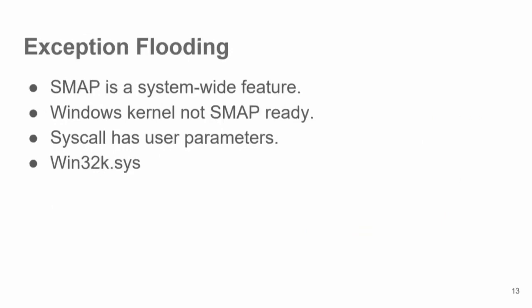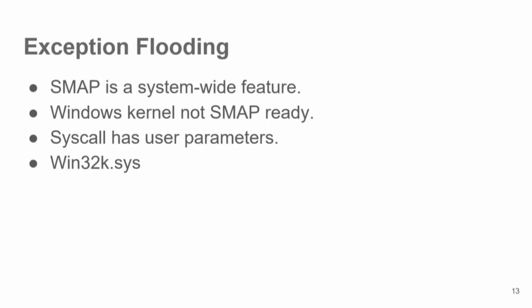But the problem is, when we enable this feature, there will be a huge number of exceptions, because SMAP is a system-wide feature. When you enable it, you enable it for the whole system, every process. And the Windows kernel hasn't adopted this feature yet, so it gets user data in its own way, by directly accessing it.